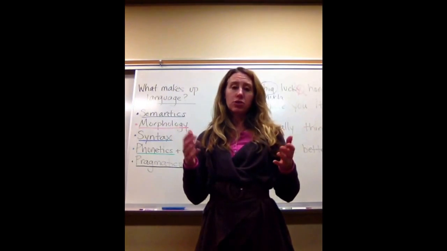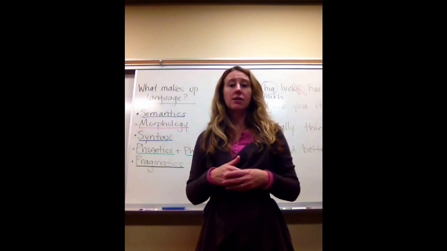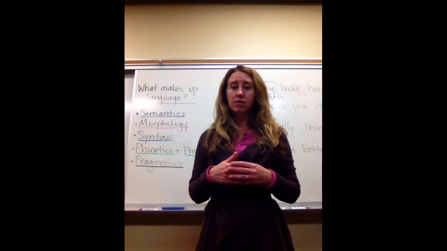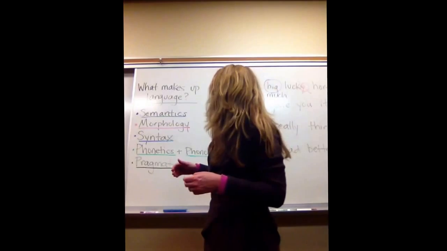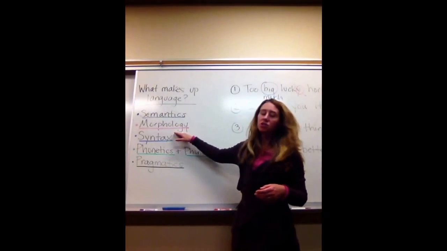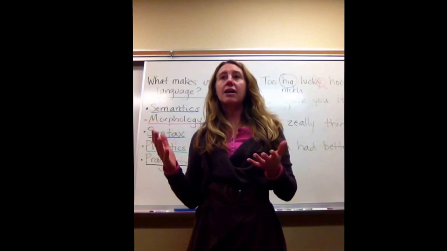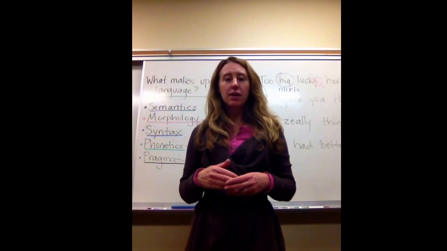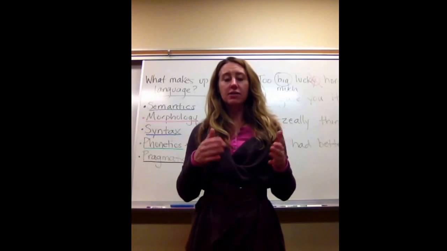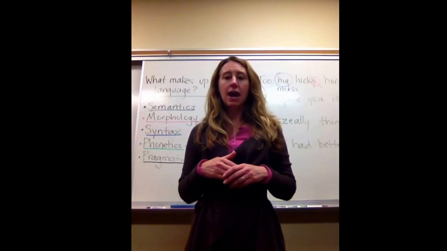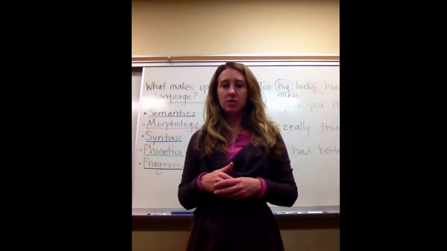We show plural by adding s or es to the end of most nouns. And we also can change an adjective like happy into a noun by adding the suffix ness, happiness, right.